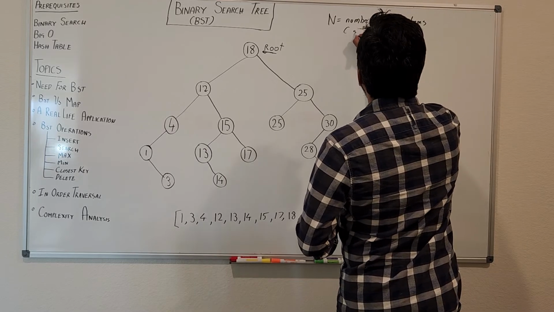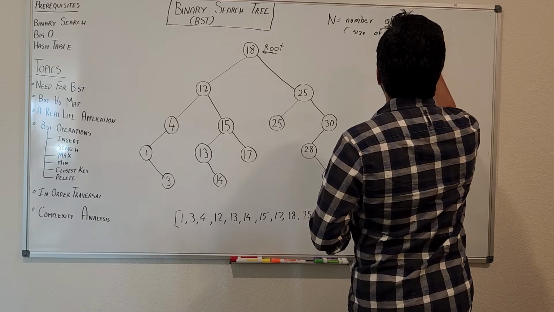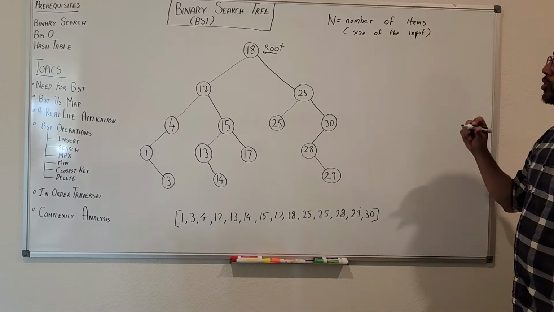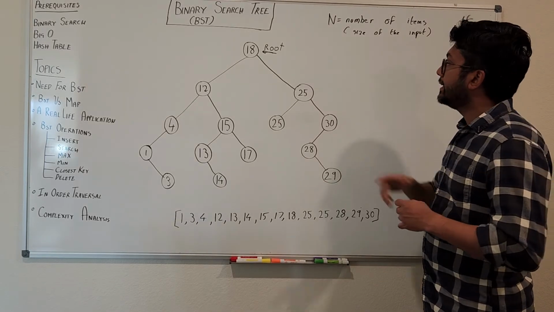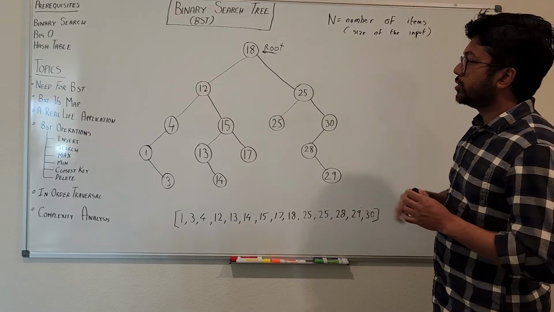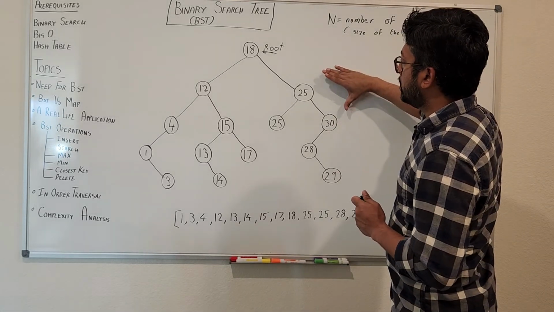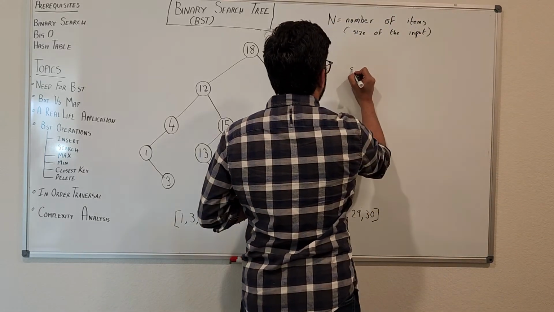Or size of the input. So both for space and time complexity, you have to relate it to the number of items. That's how big O works. So big O for space complexity is big O of n, and I'll tell you why.